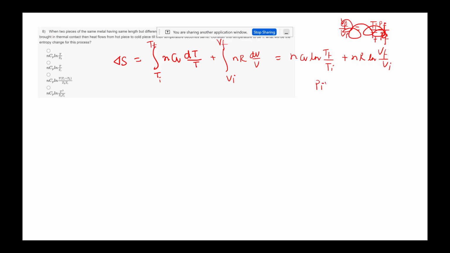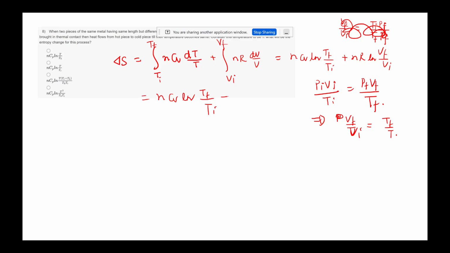So PI VI by TI will be PF VF by TF. Now the pressure is constant because there is no change in pressure, so P will be P. So VF by VI will be TF by TI. Now if you write it, then it becomes nCV ln TF by TI plus nR ln TF by TI. Same thing.